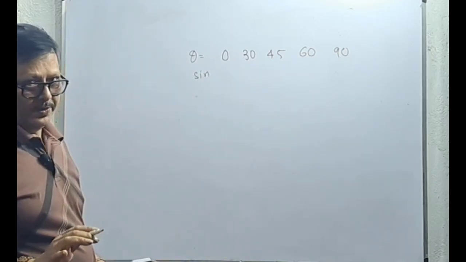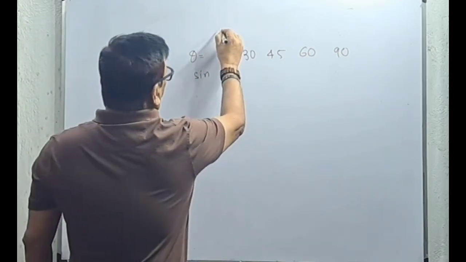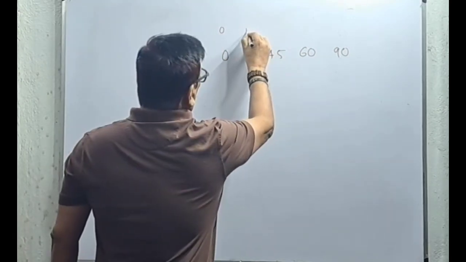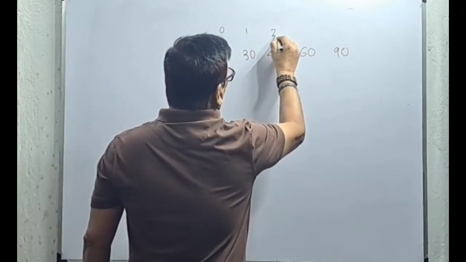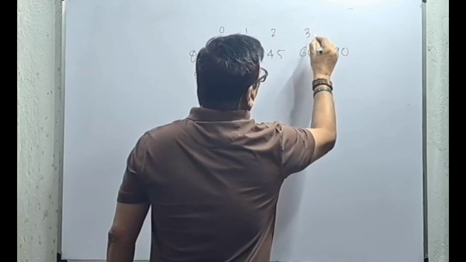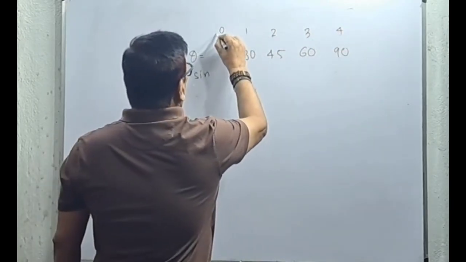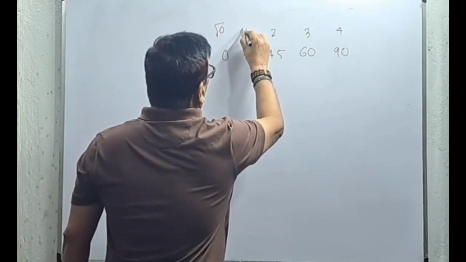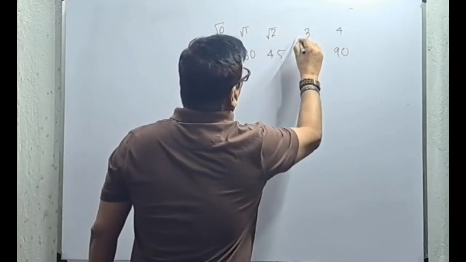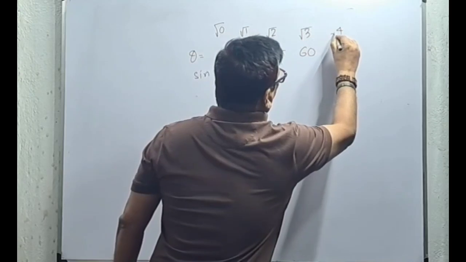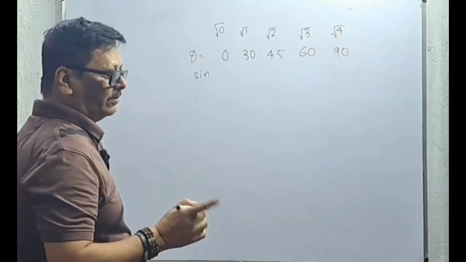The best possible way to remember it, write 0, 1, 2, 3 and 4, right? Then put a square root on top, each of them. Okay, now divide all of them by 2.